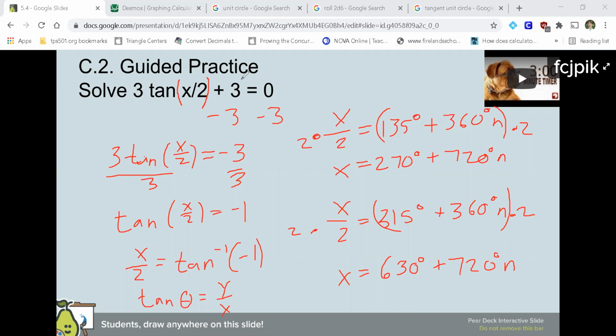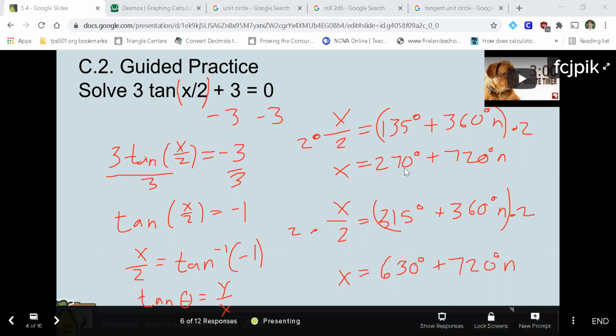And again, the idea, because x is being divided by 2, we're now going half as slow through the cycle. So we're actually only going to get through one period before we get from 0 to 360. All right, if this problem asked us what are the answers between 0 and 360, there's only one. 270. 630 is too big.